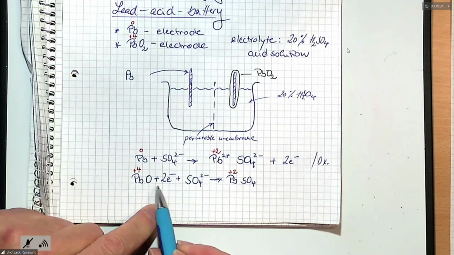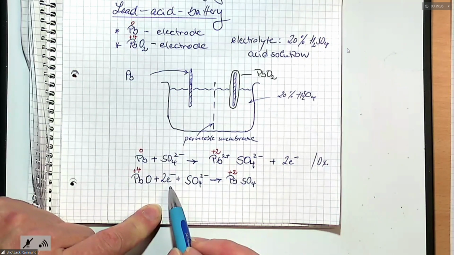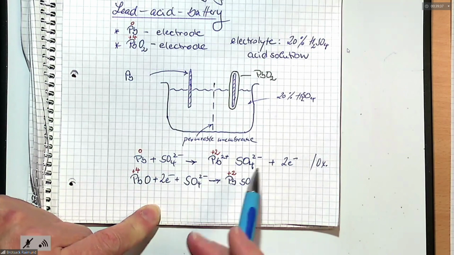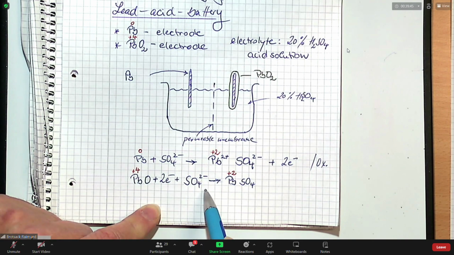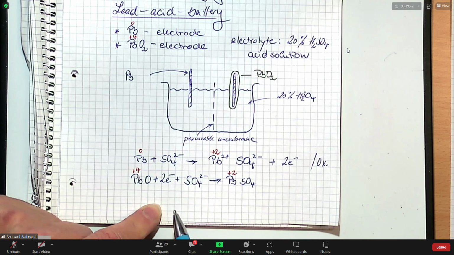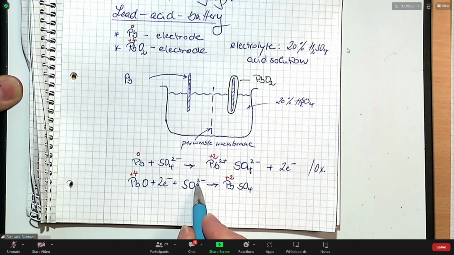How many H3O plus do we need on the left to equalize all the negative charges? We have 4 negative charges.